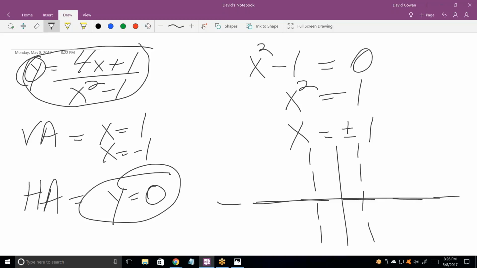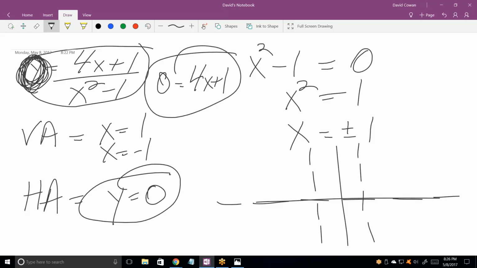Right. Notice what I can do. If I set that equal to 0, I can multiply both sides by x squared minus 1. Well, now what I end up with is still 0 on the left equals 4x plus 1 on the right. So now solve that. What's x? Minus 1/4. Okay, so that's the only x-intercept.